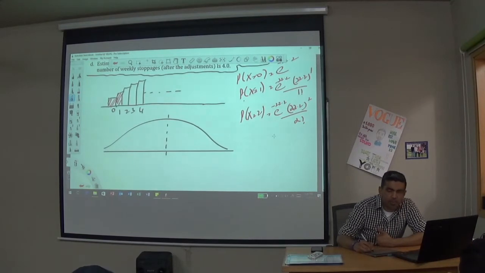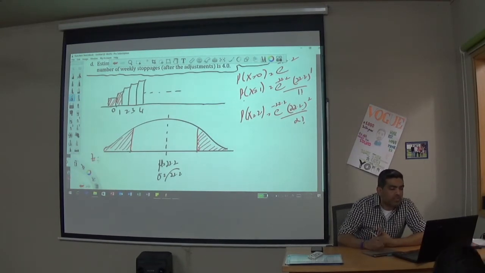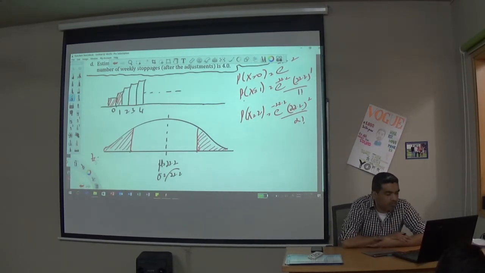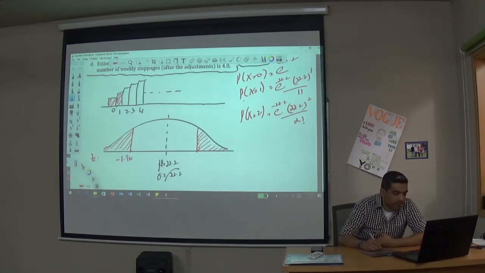What's the mean value? 22.2? It's 2.5%, that means 0.975. I think the Z critical is 1.96. Check. Is it 1.96?